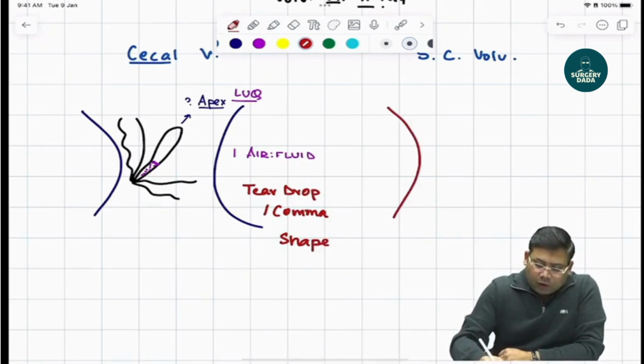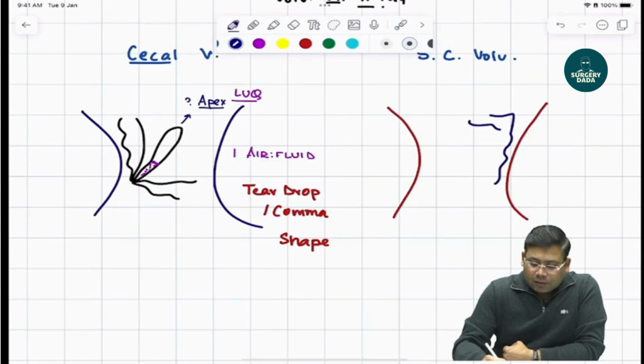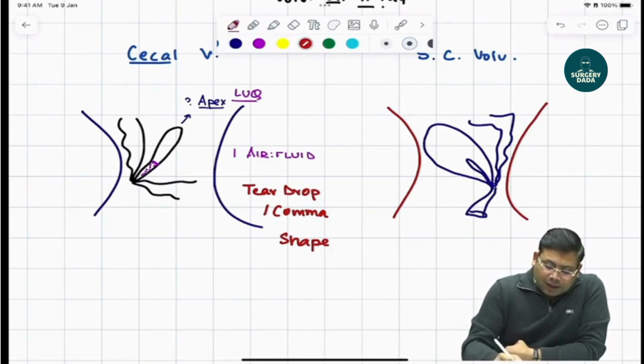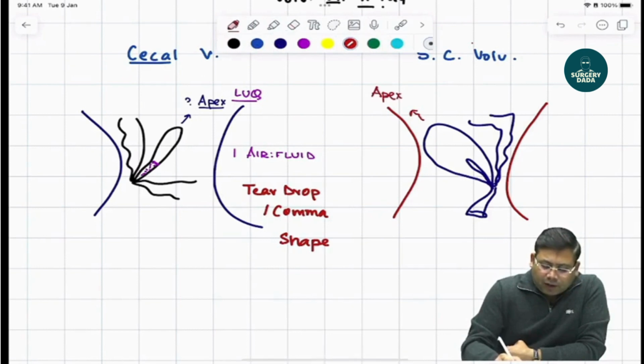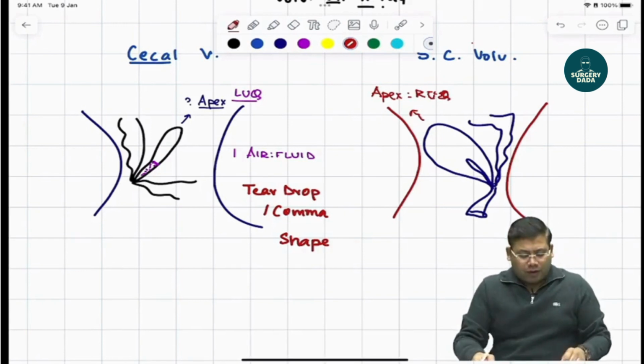Now let us look at the sigmoid volvulus. It is again very interesting to understand. Students, where is the apex? Is the apex towards the left upper quadrant or right upper quadrant? It is the right upper quadrant. Now try to understand one very important thing about this.